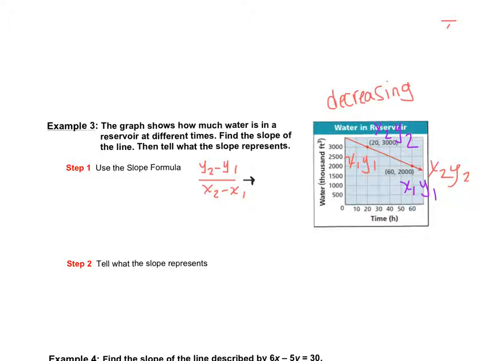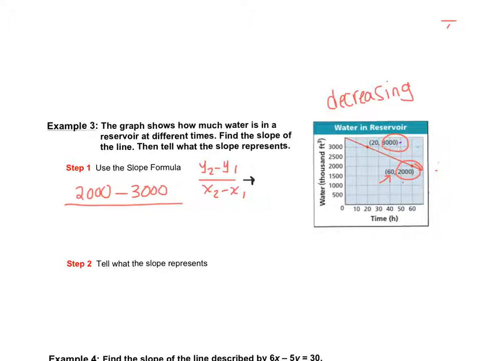And by consistent, I mean if you subtract this y, let me just erase these real quick. And so we have the 2 points. If we were to use our slope formula, we would say y2, which is 2,000, minus y1, which is 3,000, goes here, over x2.